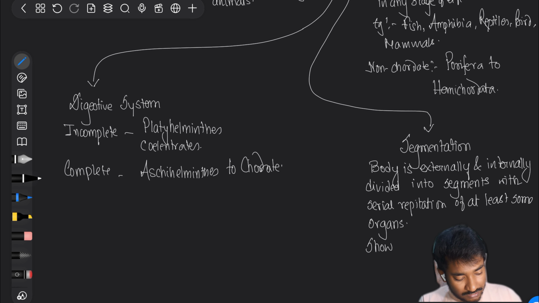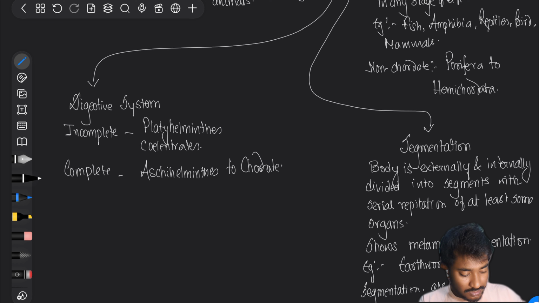It shows metameric segmentation. For example, earthworm. Segmentation is also seen in arthropods and chordates.